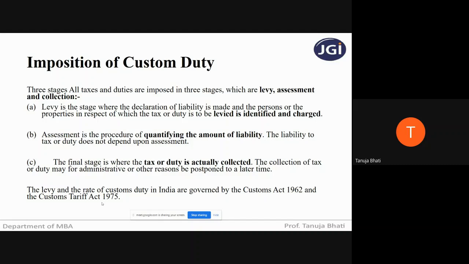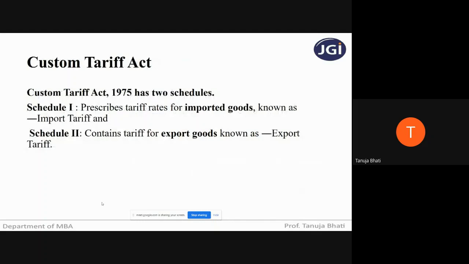Now let us see a little more detail on the Customs Tariff Act. The Customs Tariff Act 1975 has two schedules, Schedule number 1 and Schedule number 2. What does Schedule 1 specify? It prescribes the tariff rates for imported goods, known as import tariff.